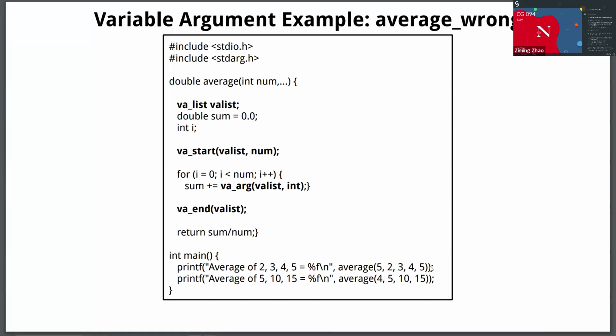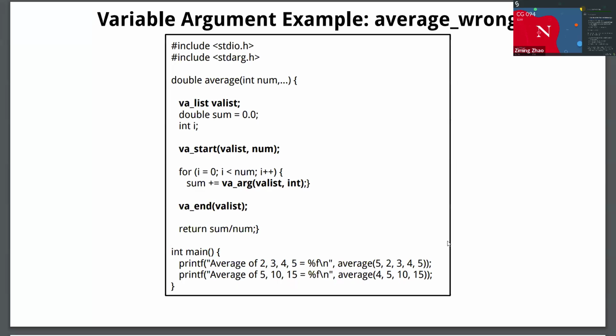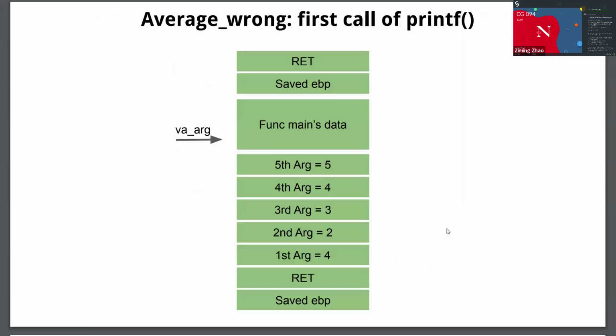We're telling the average function we are calculating the average of 5 integers, but we're only giving it 4 numbers. In this case, because we don't really have the fifth argument, some random data on the stack will be considered as the fifth argument. So you're not really getting what you want, right?